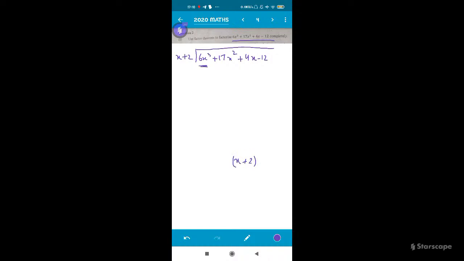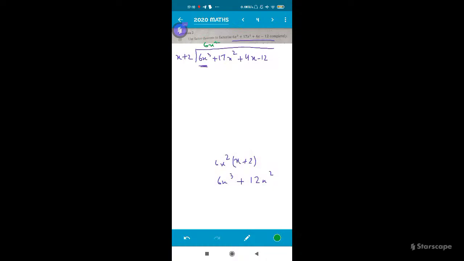So we have to bring 6x cube, so we can multiply with 3x square. That means if we multiply x plus 2 with 3x square, we will get 6x cube. So what do we get? I'm sorry, we have to multiply it with 6x square. So 6x cube plus 6x square into 2, that means 12x square. We are getting this. So our first term of the quotient is 6x square.